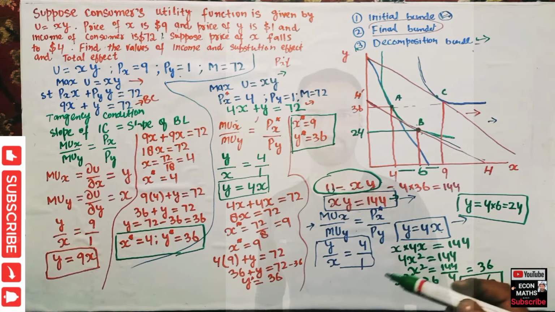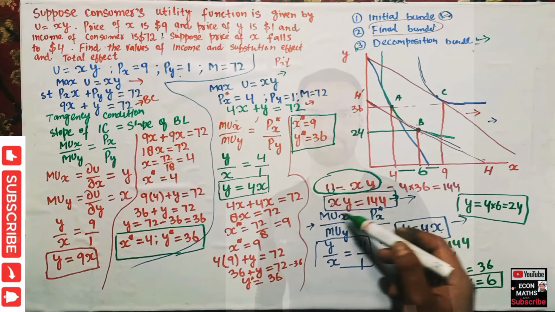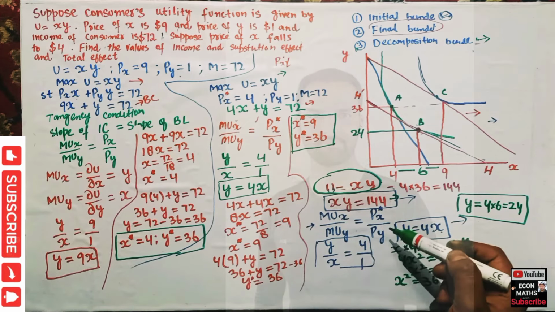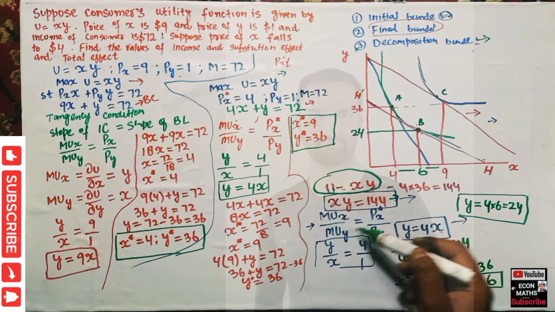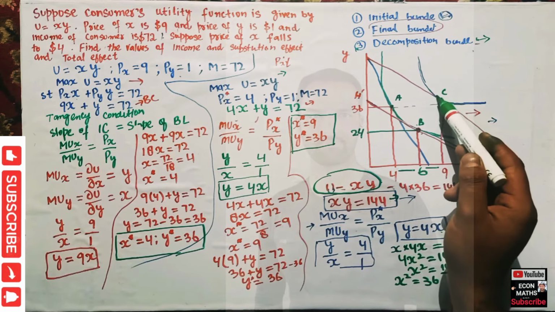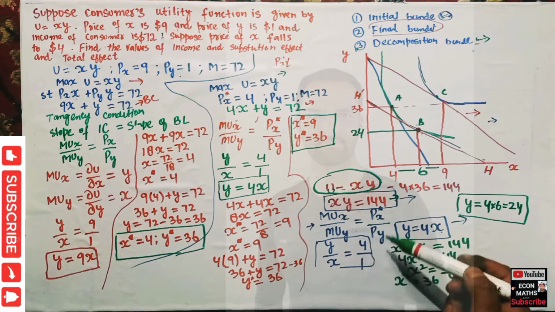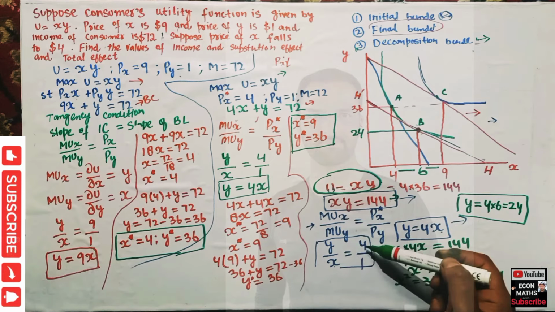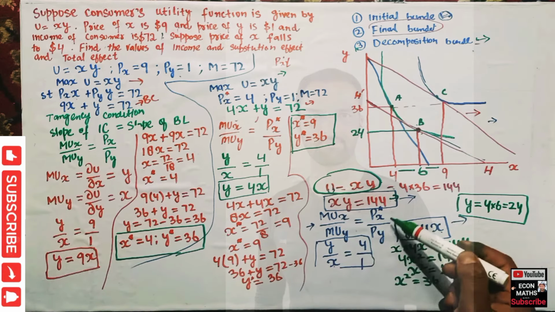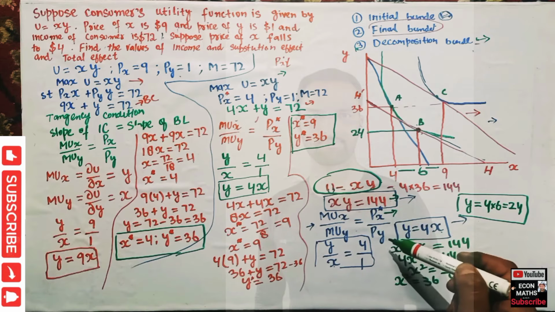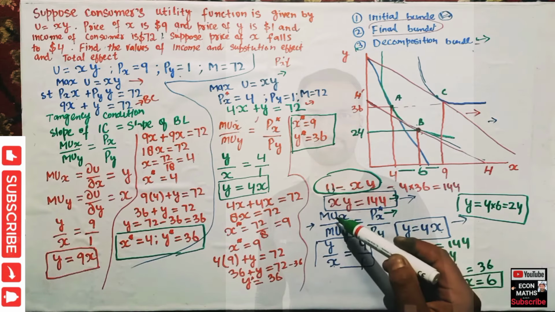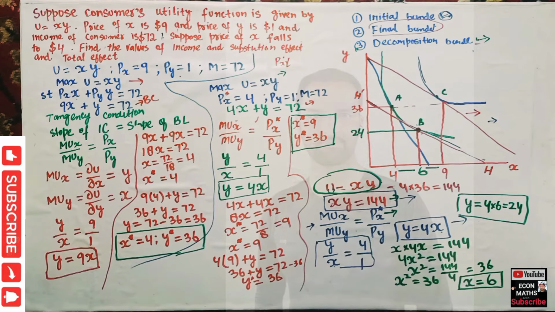After that, we used the tangency condition. What was the tangency condition here? That is y upon x should be equal to 4 upon y, that is the new price of good x upon price of y should be equal to marginal utility of x upon marginal utility of y.